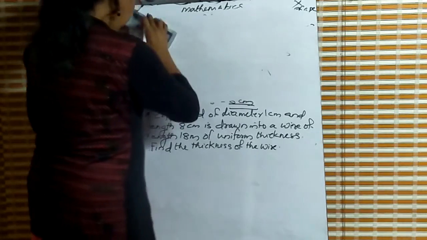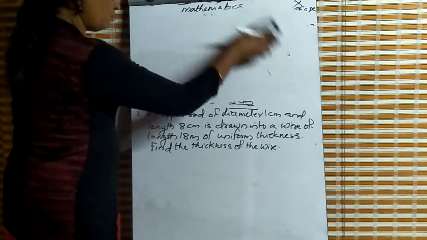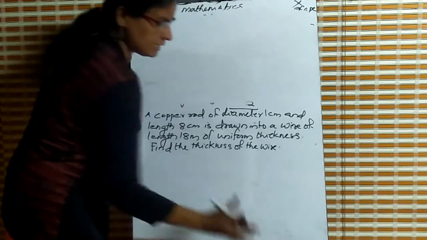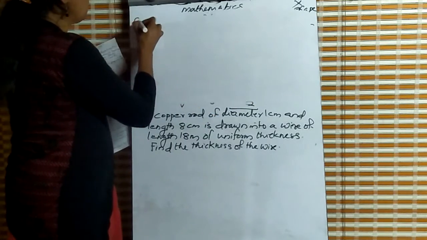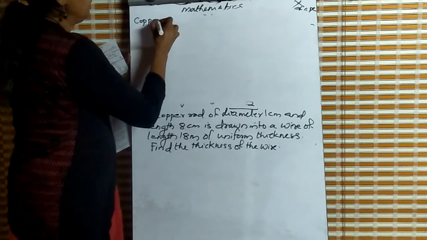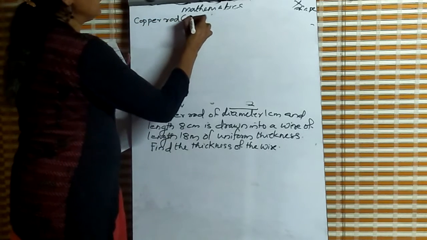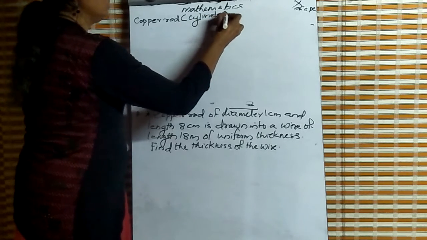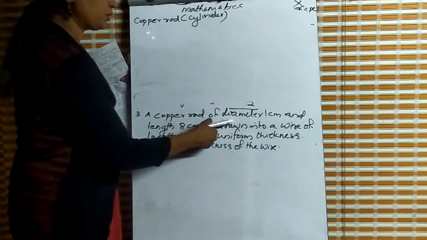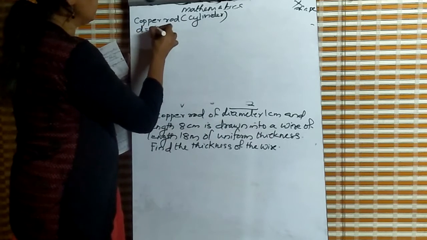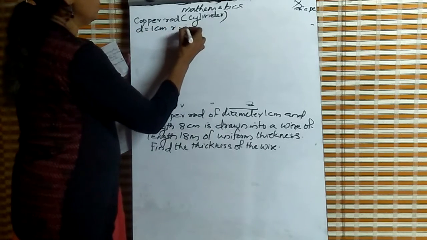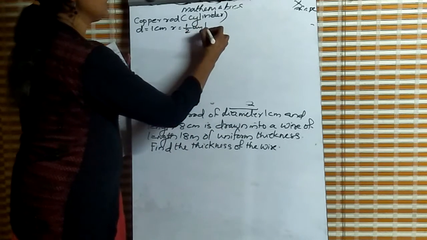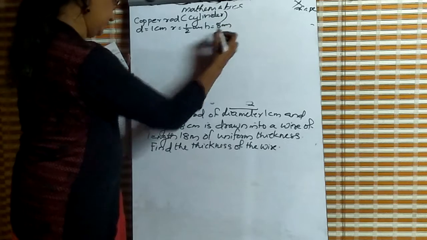Listen to the question. A copper rod of diameter 1 centimeter. The rod is the shape of a cylinder. So the radius is 1 by 2 centimeter, and length means height, 8 centimeter.